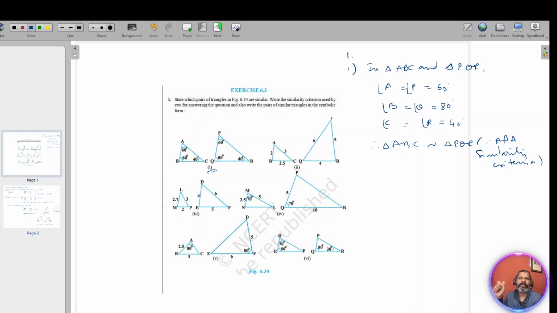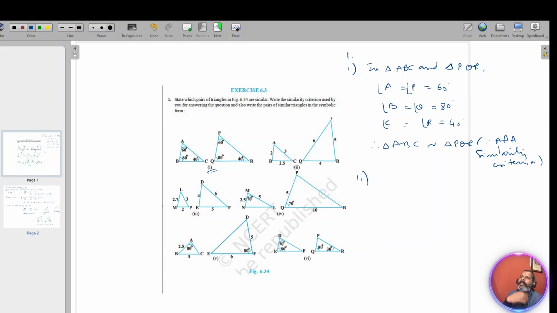SSS congruency rule, SAS congruency rule, ASA congruency rule. They are kind of similar, but the words are different here. Congruent figures are always similar. We have studied in the introduction of similar triangles. Congruent figures are always similar because congruent means they will have both shape and size equal. However, in similar figures, only shapes are equal, not the size. So this is by AAA criteria. Okay, clear? We'll go to the second question.